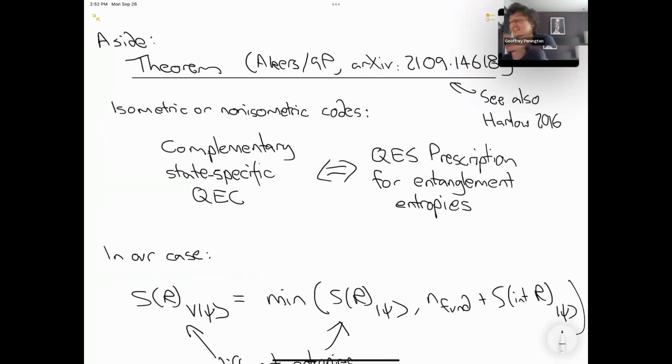And what I mean by that is that there will be some formula that looks like minimizing over some quantity that you can call area plus effective theory entropy, and that will compute for you the fundamental theory entropy.